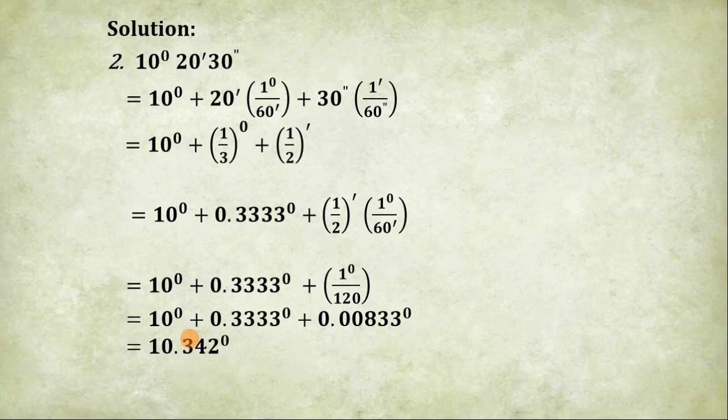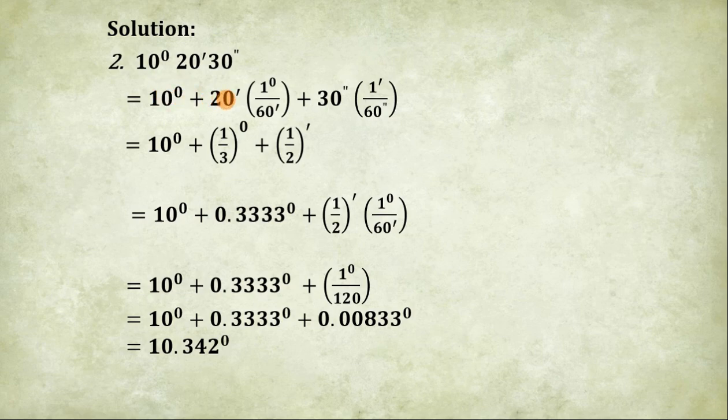So for number 2, we have 10 degrees, 20 minutes and 30 seconds. So in this case, we have to isolate the number with degree unit already. So it's done for 10 degrees.